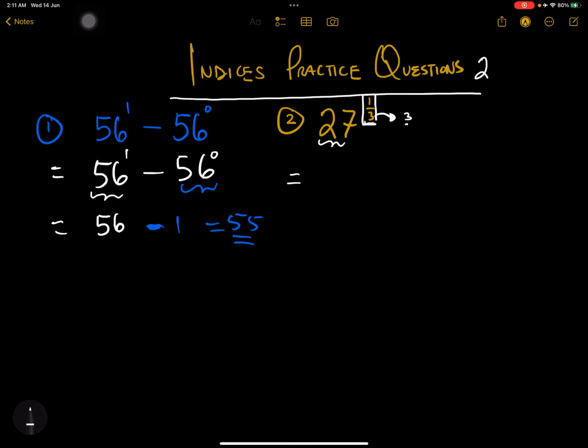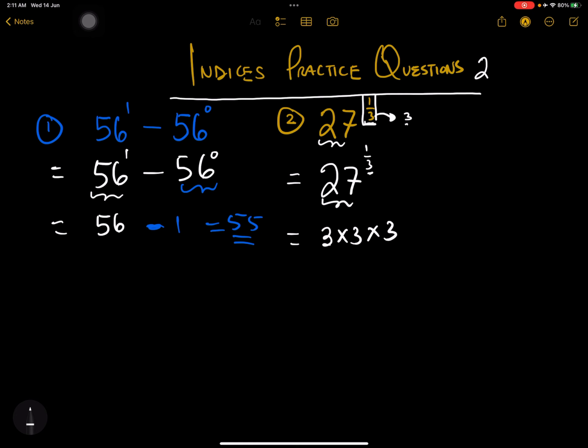So basically, the equal to sign will come. We have 27 to the power of 1 over 3. And I'm asking, how do we express this 27 in terms of 3, in terms of indices? Now remember that 3 times 3 gives us 9, and if we multiply that 9 by 3, we get 27.